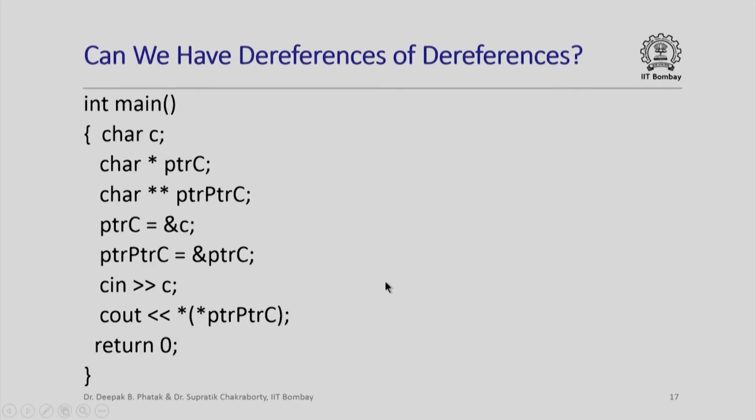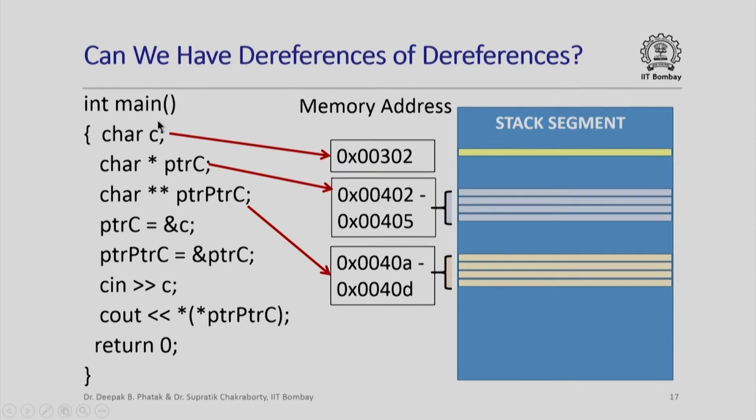Now we have seen how to dereference a memory address. Can we have dereferences of dereferences? And in fact it is possible to do this in C++. So here is a little C++ program where I have a character variable which has been allocated a byte, and that is its memory address.